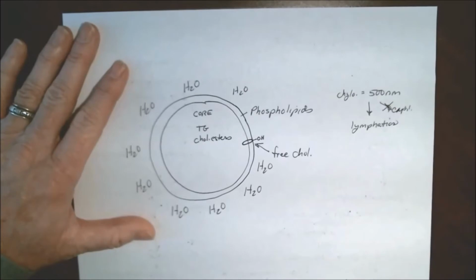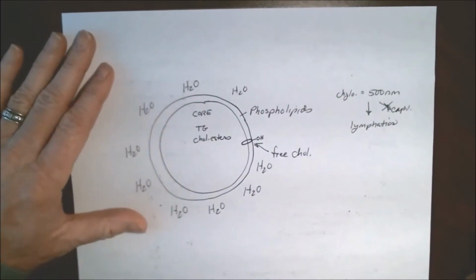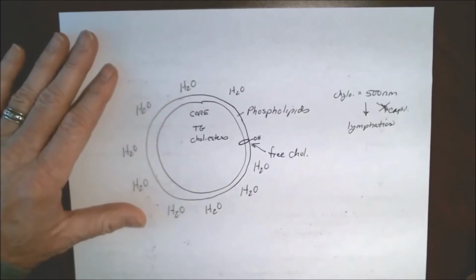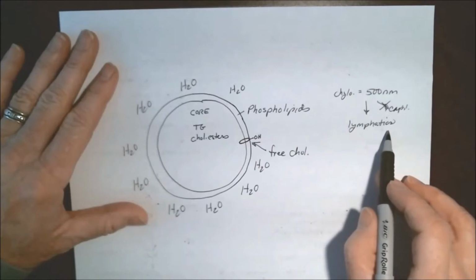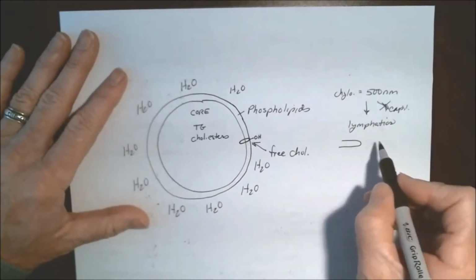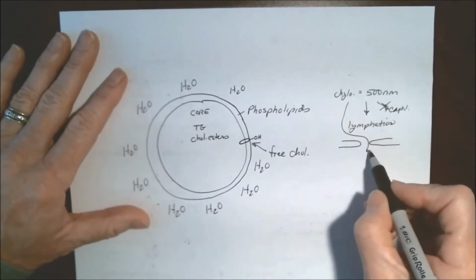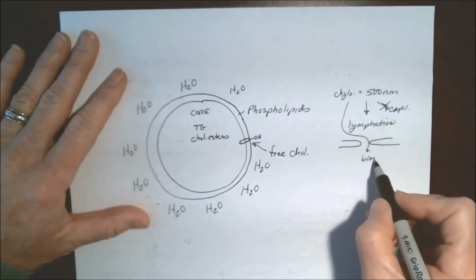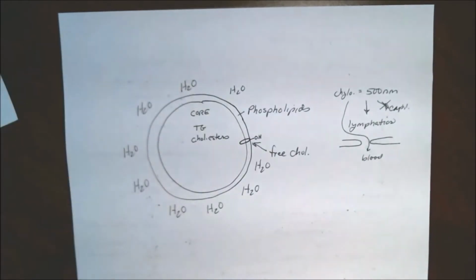Capillaries are going to require much smaller particles in order to get through those junctions in between the endothelial cells that form the capillaries, but the lymphatic endothelial cells are leaky. They have larger pores, larger openings where the chylomicrons can slip through and then eventually get to the blood. So now that's the chylomicron structure.